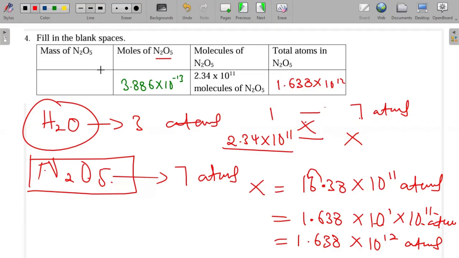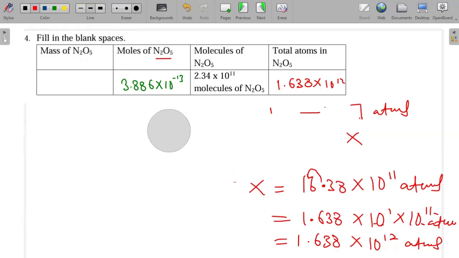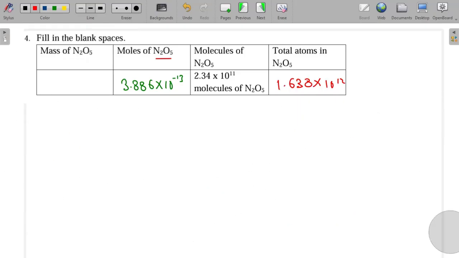Okay, so we're just now remaining with the mass. So how do we get the mass? Okay, for the mass, we use the moles, and then we can get the molar mass of this guy from the periodic table. So I have N2O5. So I can say 5 multiplied by the mass of oxygen. What's the molar mass of oxygen? Okay, so we can just write 16.